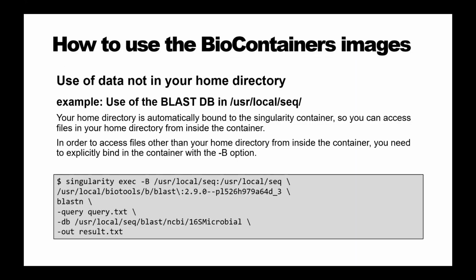Next, use data that is not in your home directory with Singularity. Your home directory is automatically bound to the Singularity container so that you can access files in your home directory from inside the container.